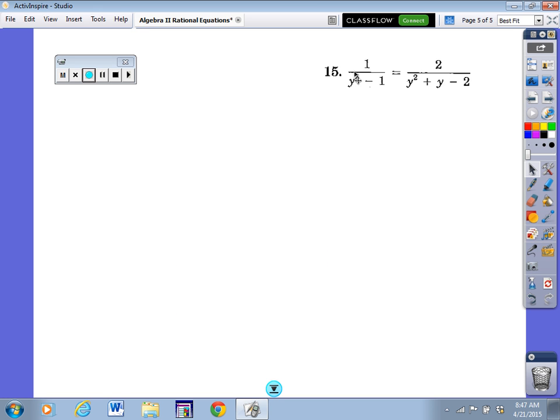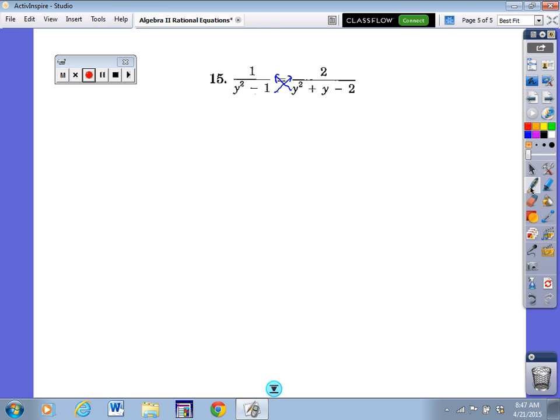So let me cut this, get a new page, and we'll take a look. If instead of doing all of that factoring on the front end, we started out with our cross multiplication, we could do this. So this whole thing is what's being divided on the right-hand side.